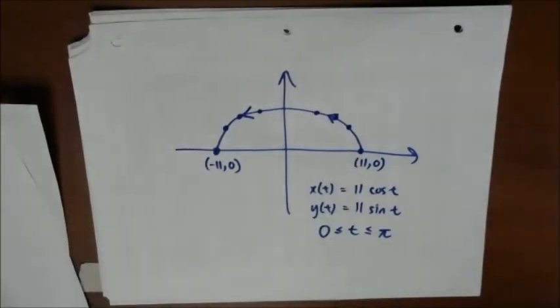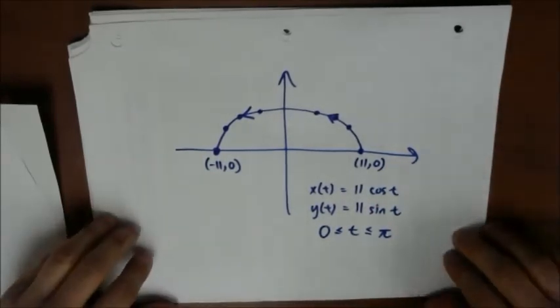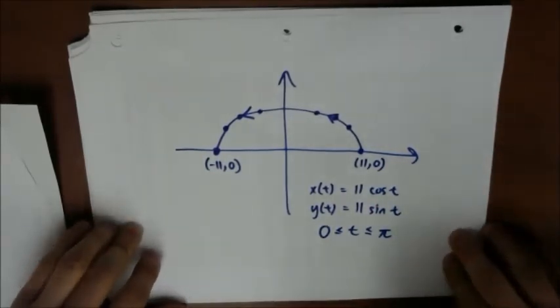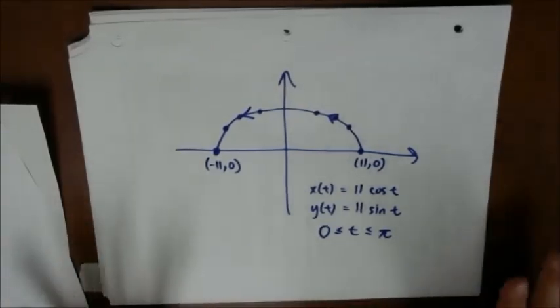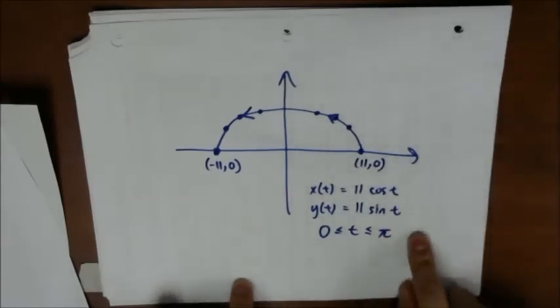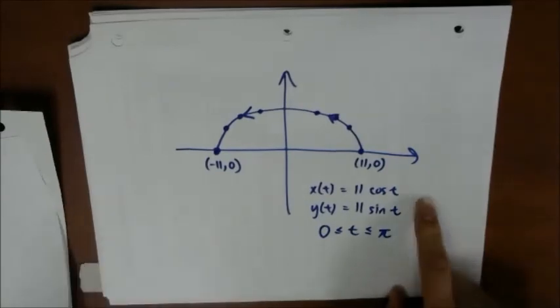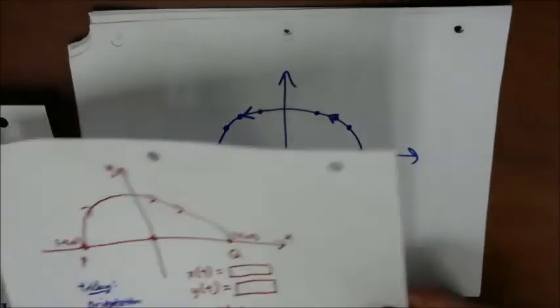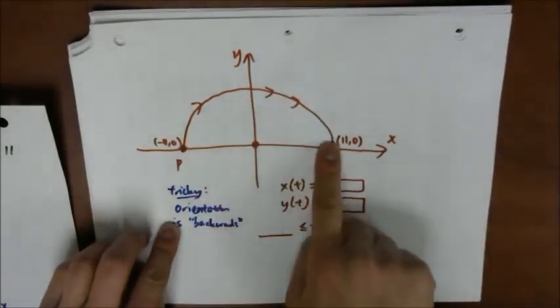So to start over, instead of phrasing this in terms of what we want, here's the problem: how do we solve it? Let's start from here. All you've got to do is take this parameterization of a half circle of radius 11, and tweak it somehow to have the same shape but with the orientation going the opposite direction.